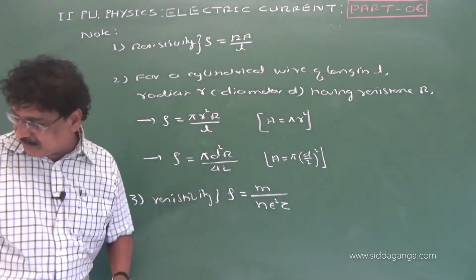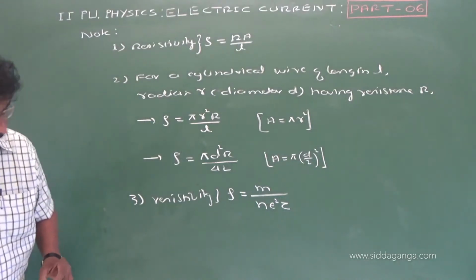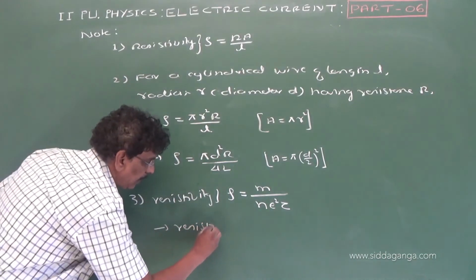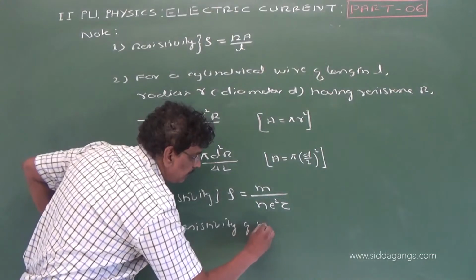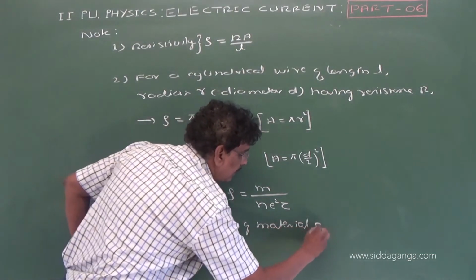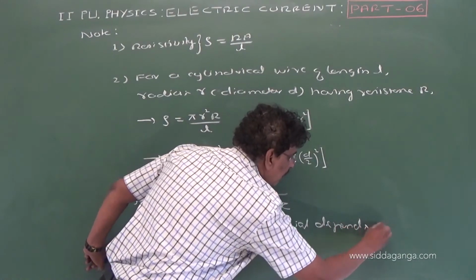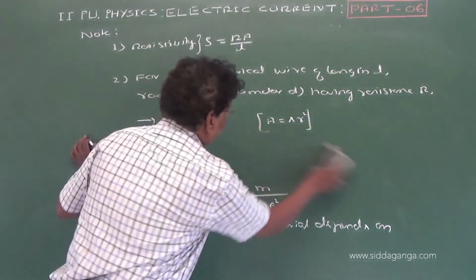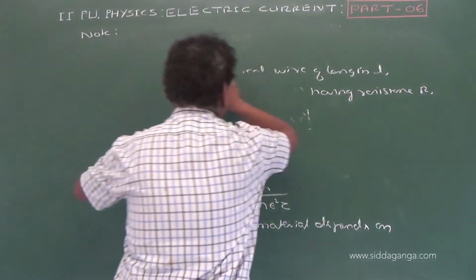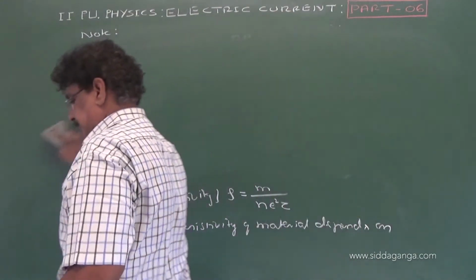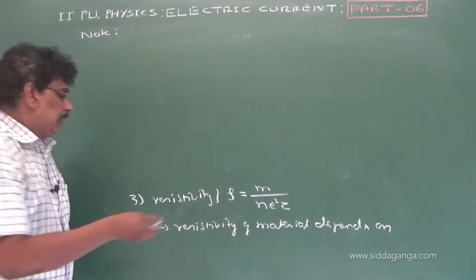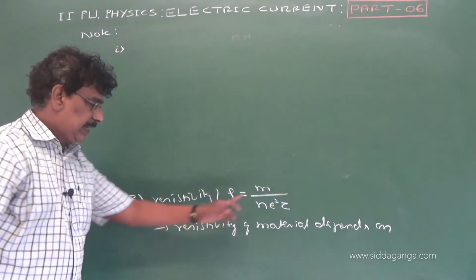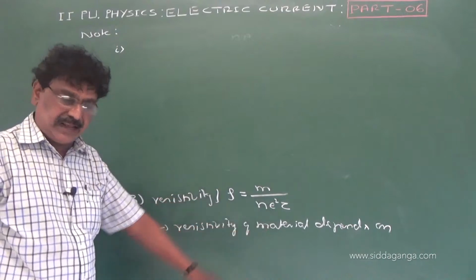Now from this equation, the resistivity of a material depends on, number one, here m is constant, e is constant, generally constant.